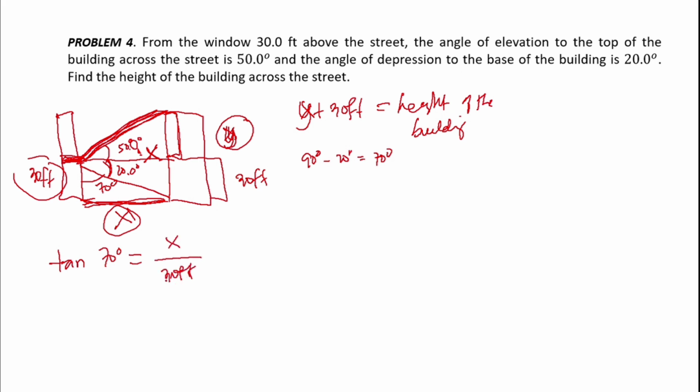So x is 30 feet times tangent 70 degrees. Since this is 3 significant figures, we have 82.4 feet. Okay, that is the value for x.